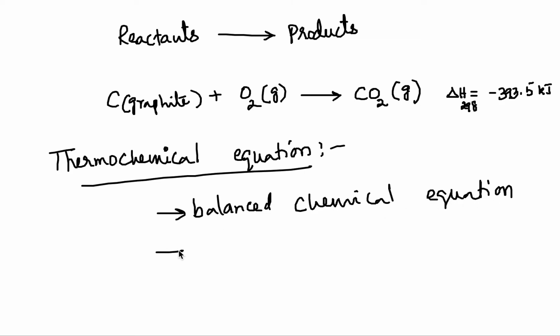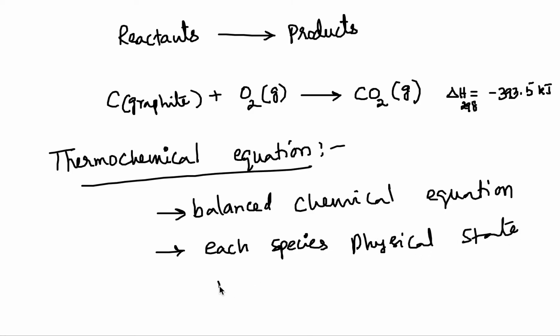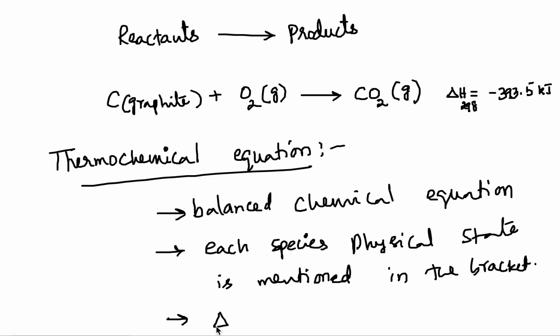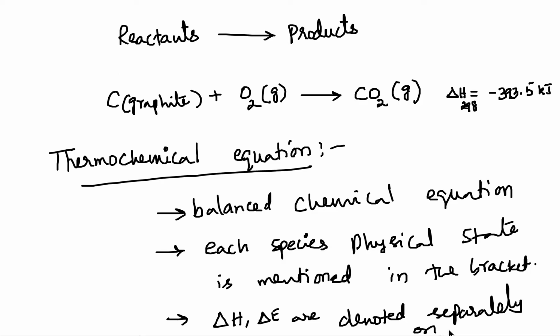And what is the other point we have? Each species' physical state is mentioned in the bracket, and the heat of reaction, that is delta H and delta E, are denoted separately on the right side.